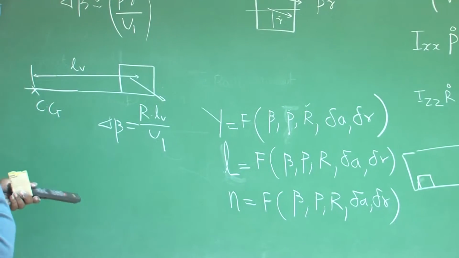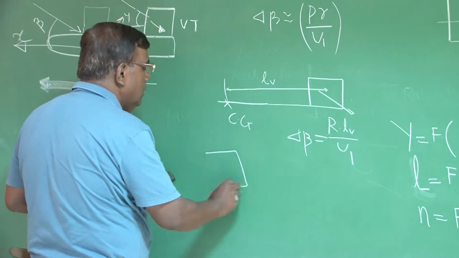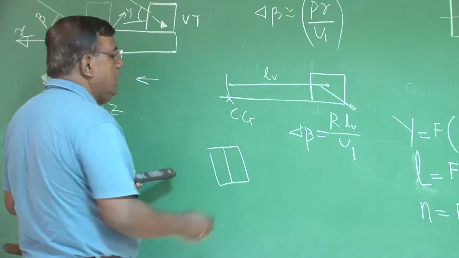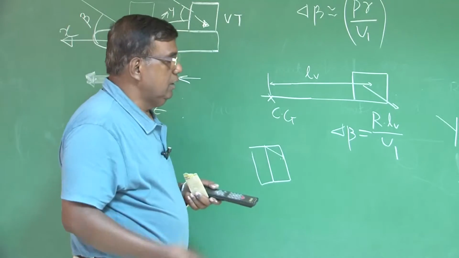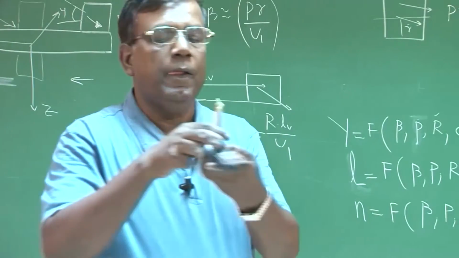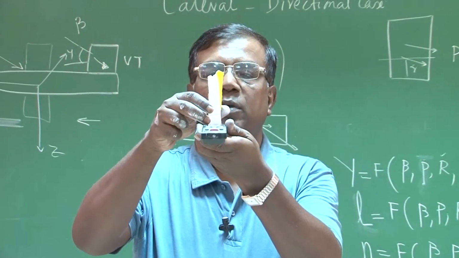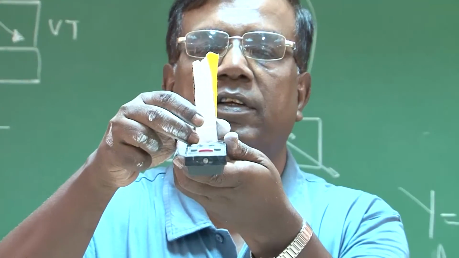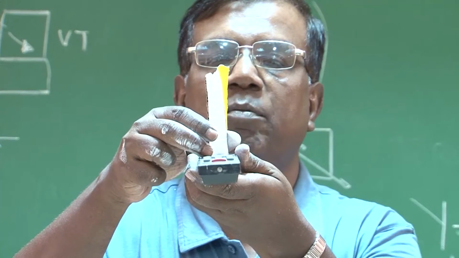About delta r, you should not have any confusion. If it is a rudder, if I deflect the rudder, for example, towards this direction, then there will be a force into the board, or if this is the vertical tail and rudder is positively deflected towards left. Okay, please see this, straight towards left is delta r positive.